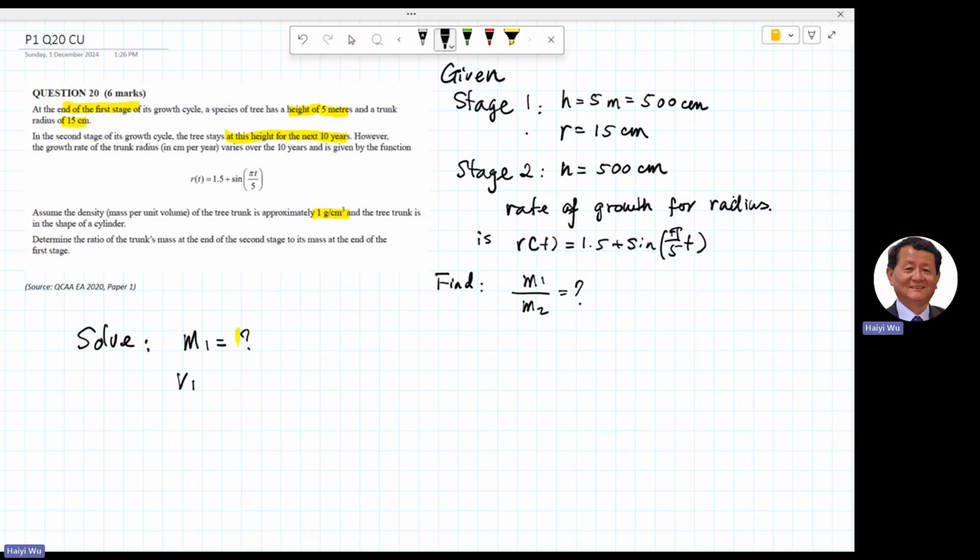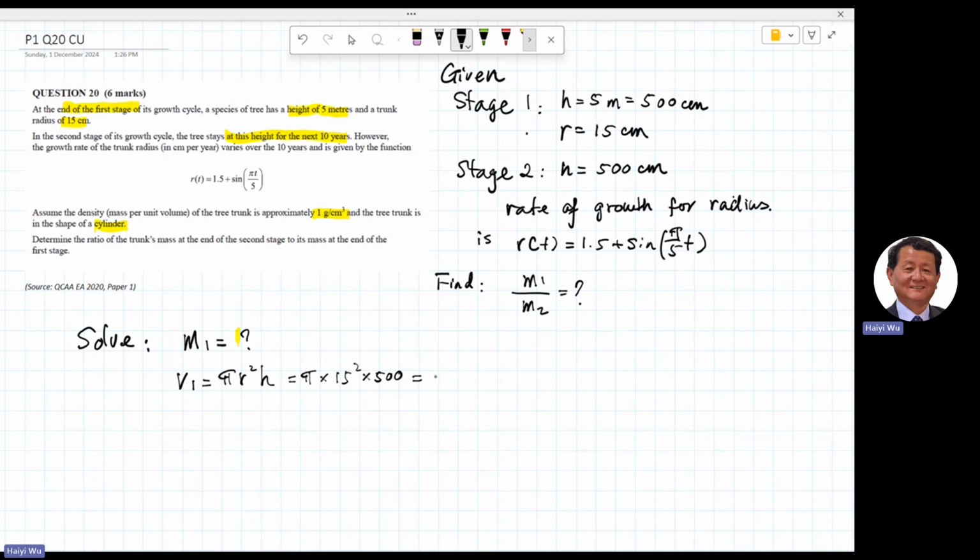V1, stage 1 volume, is equal to, according to this, it is a cylinder. The cylinder volume is pi r squared times h. So pi times the radius 15 squared times the height 400.